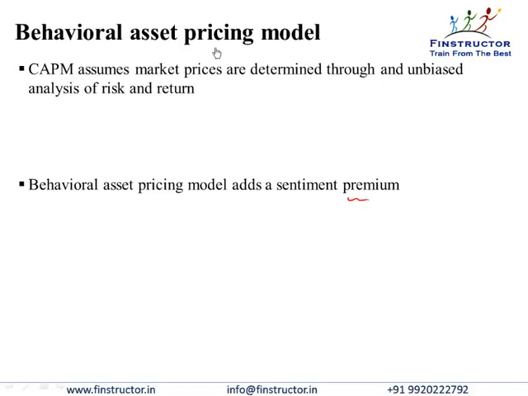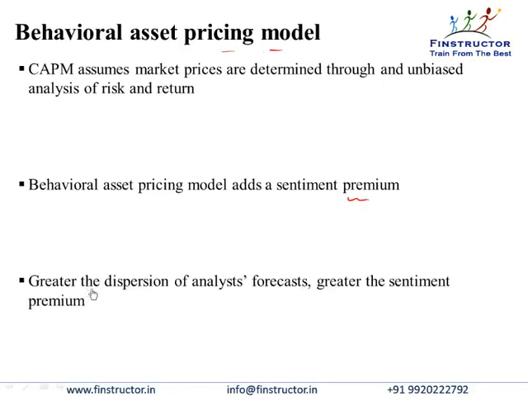And the model says that the sentiment premium is higher for stocks where there is a great dispersion amongst the analysts' forecasts. So for volatile stocks or commodity companies or real estate companies, one analyst may have very high earnings, another analyst may have very low earnings. The dispersion amongst the analyst forecasts will be very high, indicating unpredictability or high volatility of this asset.